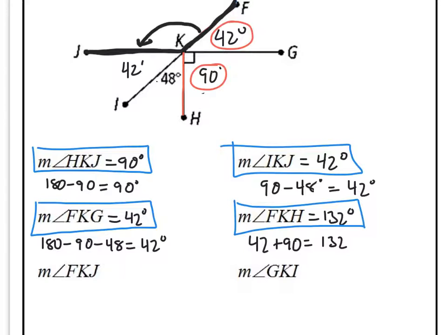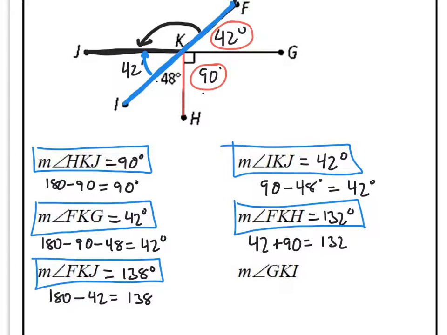The easiest way is to look at the straight angle FKI, which measures 180 degrees. If I take 180 degrees and subtract out this 42-degree angle, I'm left with the angle I'm looking for. So 180 minus 42 gives me 138 degrees. That is then the measure of angle FKJ.